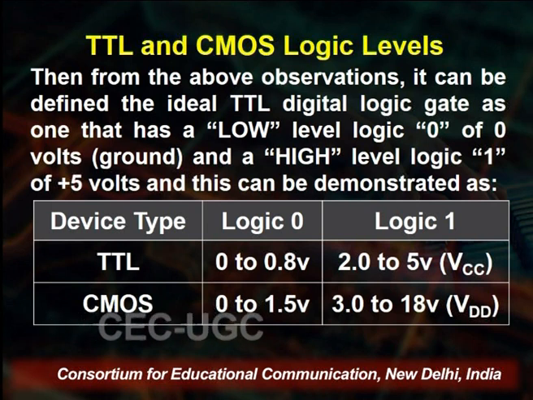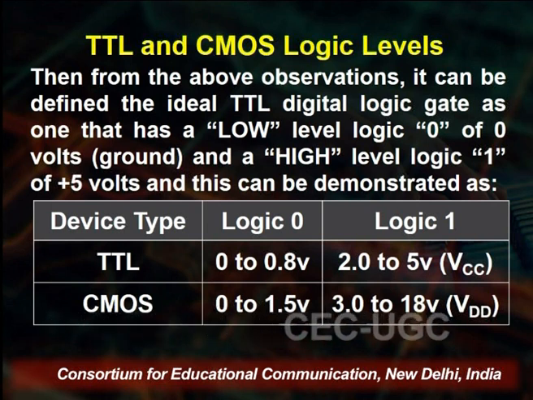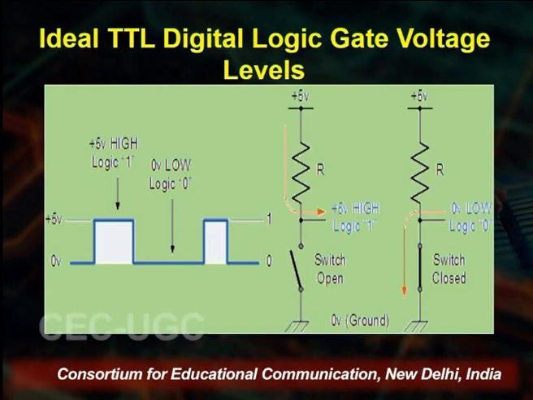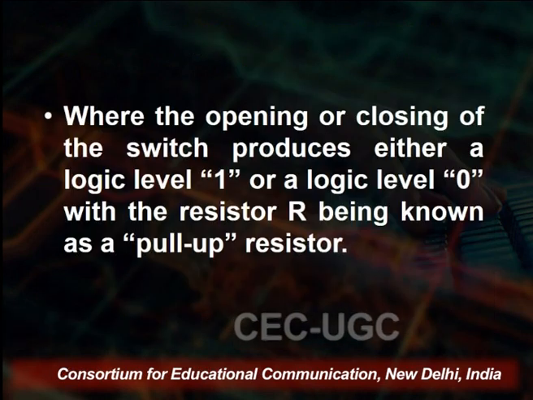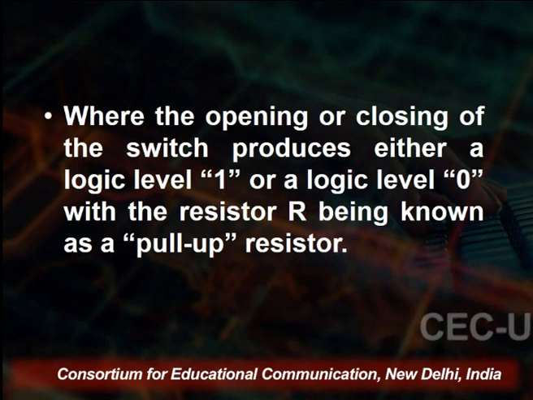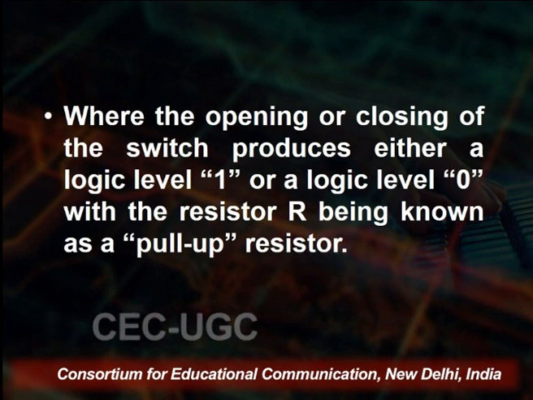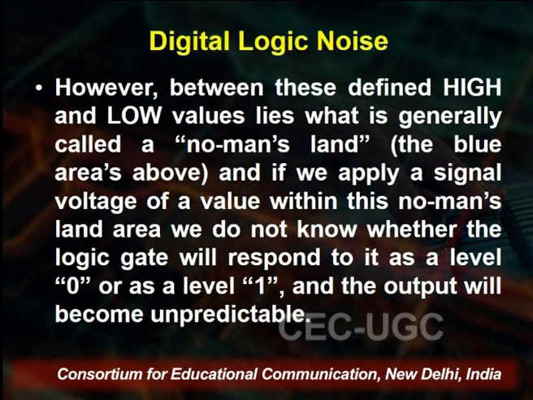For CMOS, 0 is 0.0 to 1.5 volt and 1 is 3.0 to 18 volt, that is VDD. Here you see the simple circuit and output, the ideal TTL digital logic gate voltage level. Then we define the input and output, with the switch open and switch closed. This will give the desired output, where opening and closing of the switch produces either logic 1 or logic 0, with the resistor R being known as the pull up resistor.